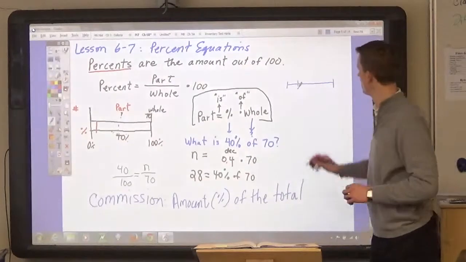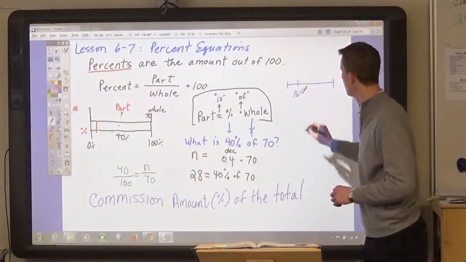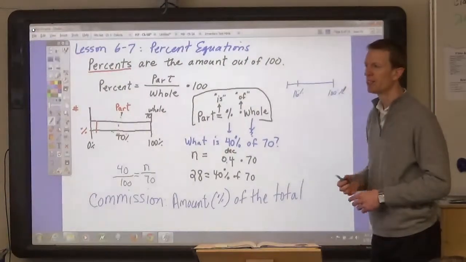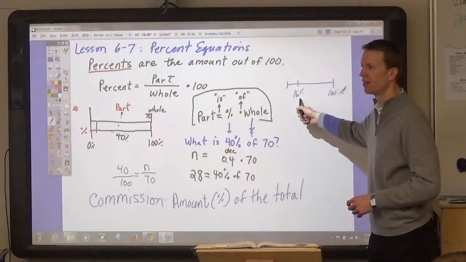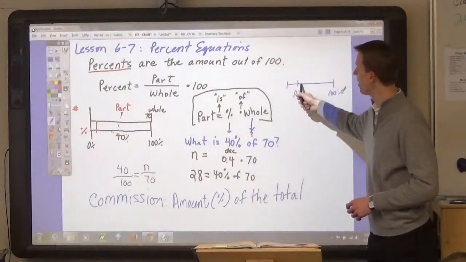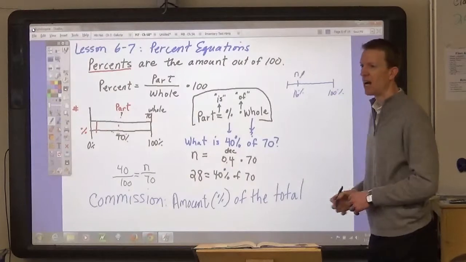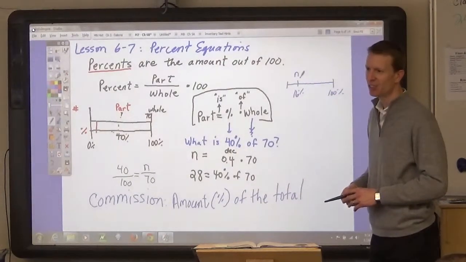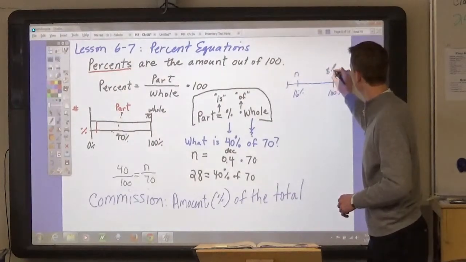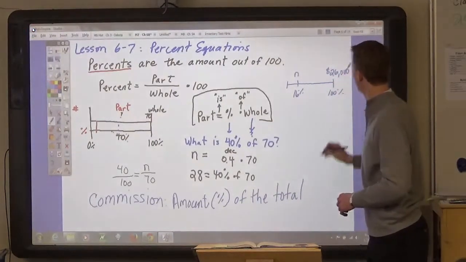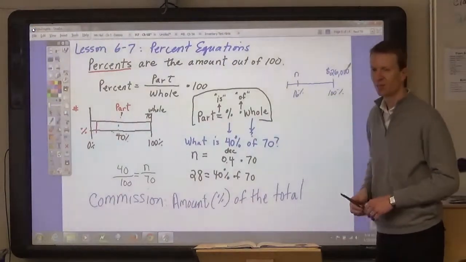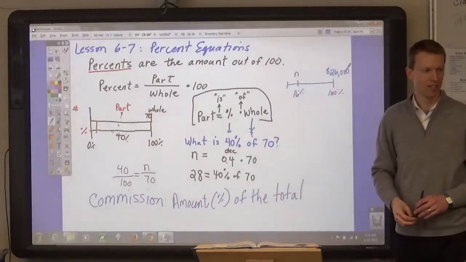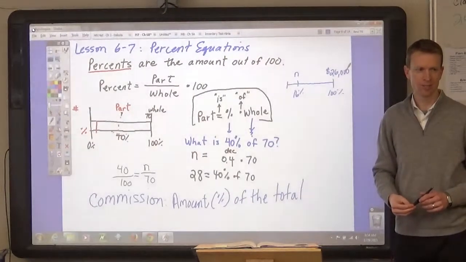Right? So we can put that here. Out of 100%. What else is given? What is 16%? That's what we're trying to find. Out of 26,000. Okay? So it says, what is the commission on a $26,000 signing bonus?